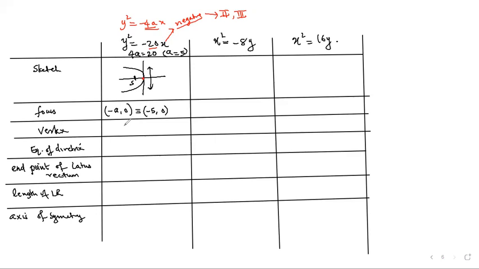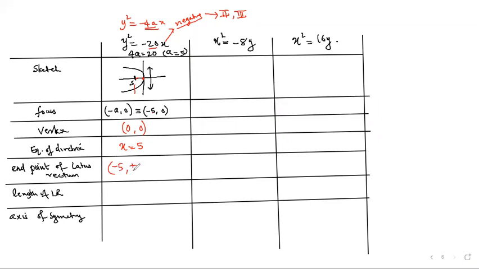What is the vertex? It is 0, 0. Directrix will be exactly opposite of the focus. So x equal to 5. Equation of directrix. End point of the latus rectum, both will have the same a. A is 5 here.